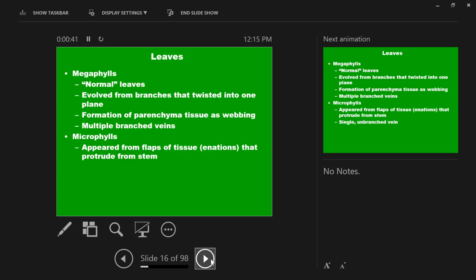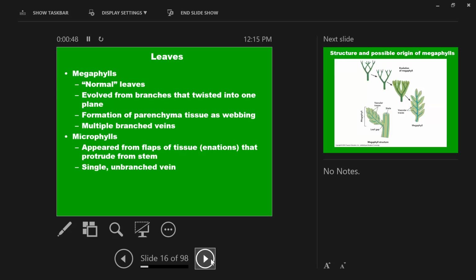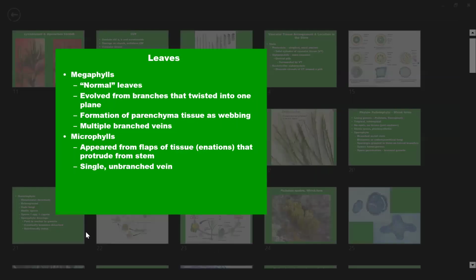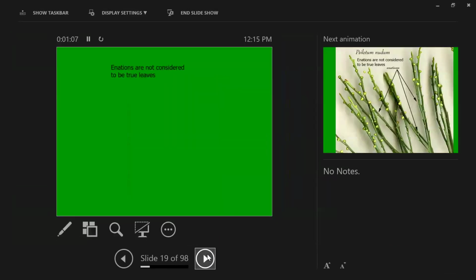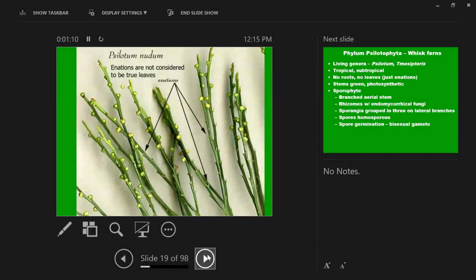Microphyll, you might not even think about that as a leaf because it just doesn't look like much. Microphylls tend to be pretty petite, often very thin or scaly. Very simple, just a single vein. And with the whisk fern idea, those are enations.